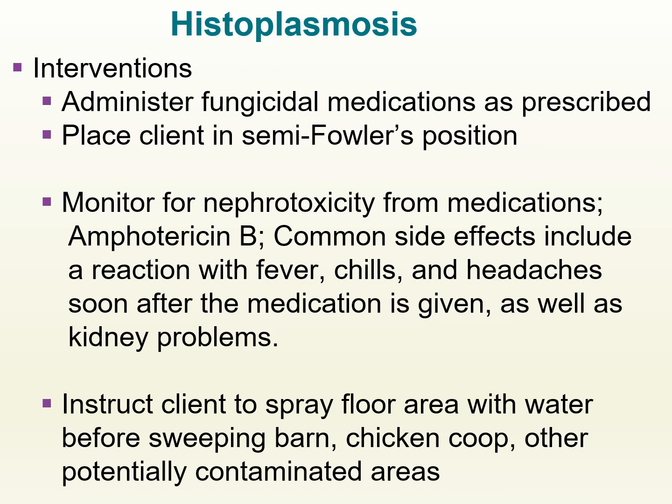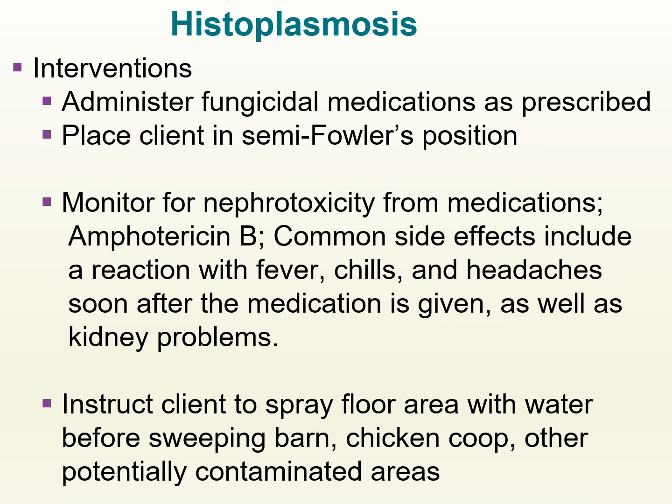Interventions include to administer fungicidal medications as prescribed, keep the client in semi-Fowler's position, monitor for nephrotoxicity from medications. Amphotericin B is one of those medications. Common side effects include a reaction with fever, chills, and headaches soon after the medication is given, as well as kidney issues.